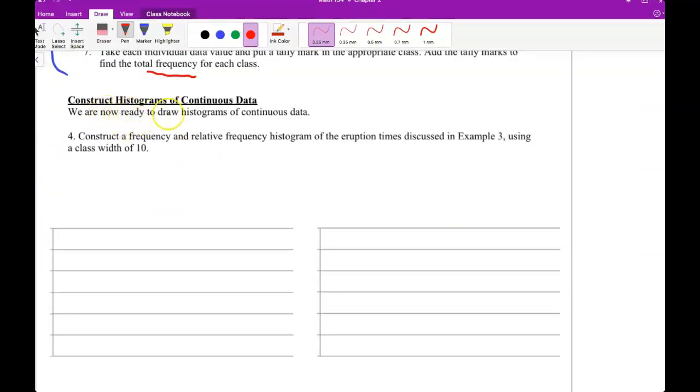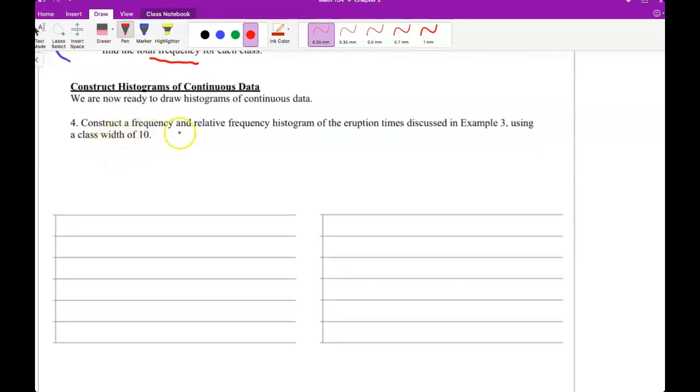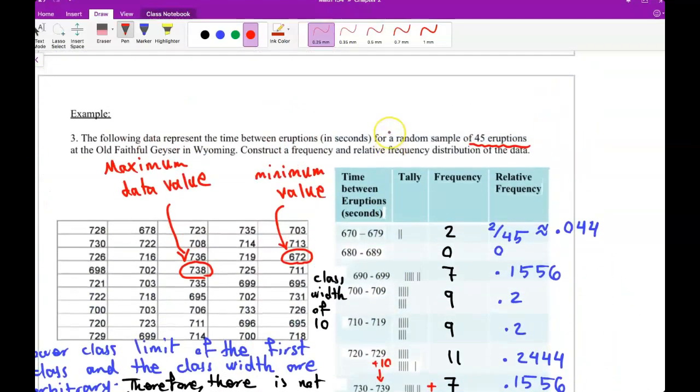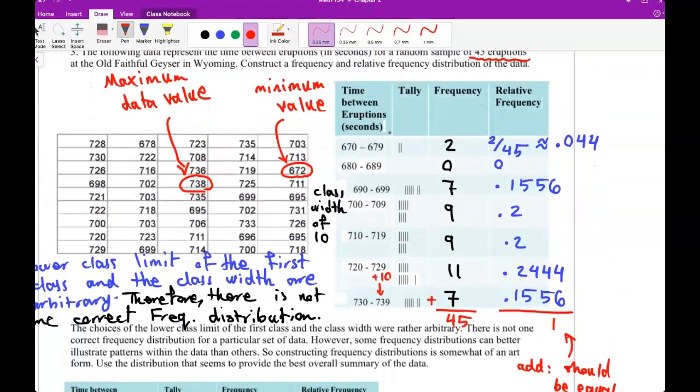Okay, next part, construct histograms of continuous data. Construct a frequency and relative frequency histogram of the eruption times in example number 3. So this is example number 3. We're going to draw these.